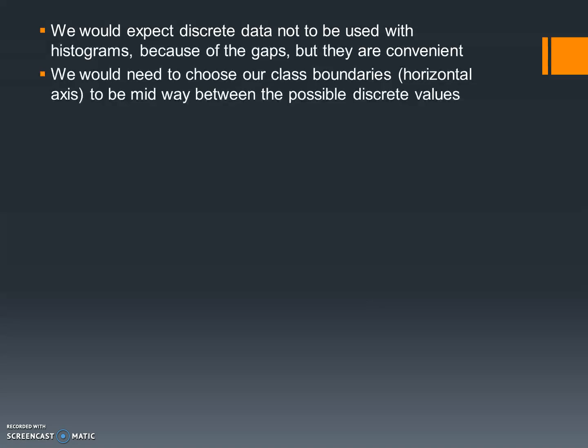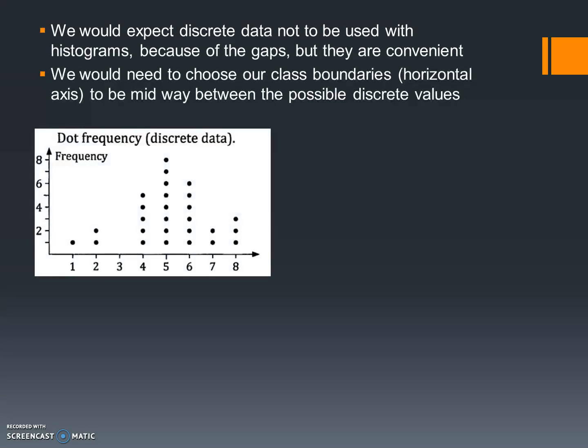Also, discrete data we wouldn't necessarily expect to be used with histograms because of the gaps between the discrete data, but they can still be quite convenient. We would need to choose our class boundaries, that's our horizontal axis, to be midway between the possible discrete values.